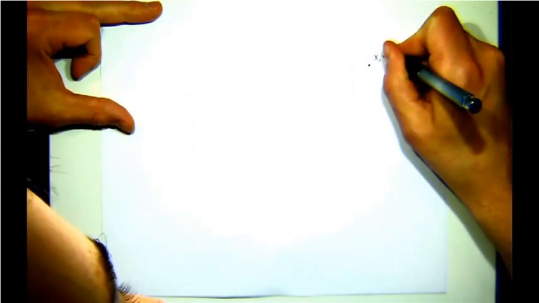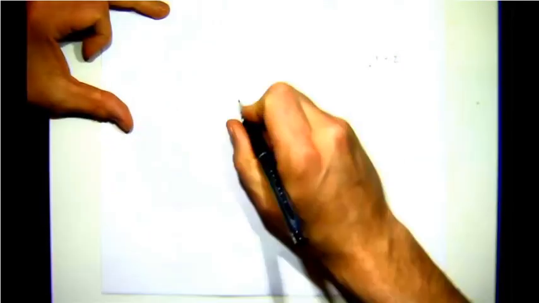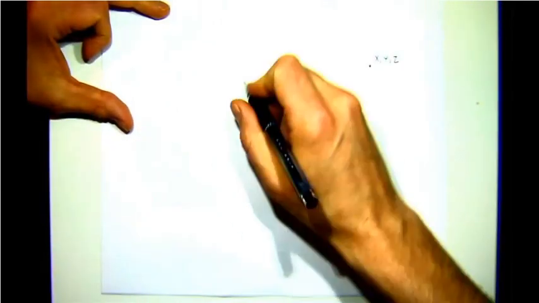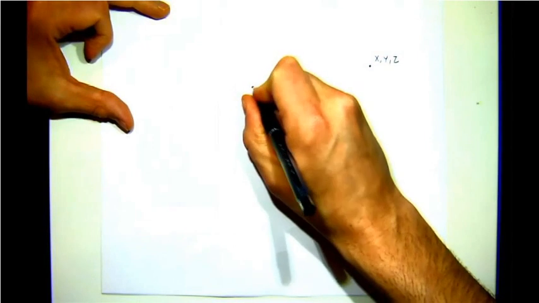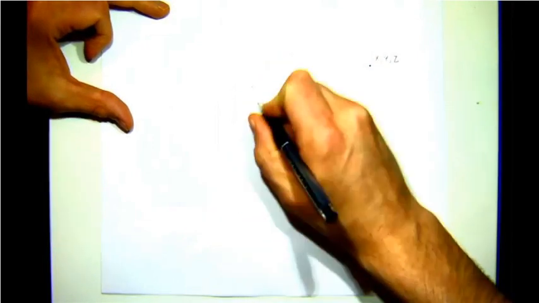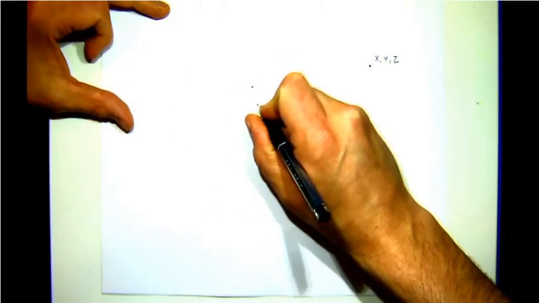All right, so the model is, we've got some 3D scene point here at x, y, z. And we've got our pinhole over here. This is the camera center.